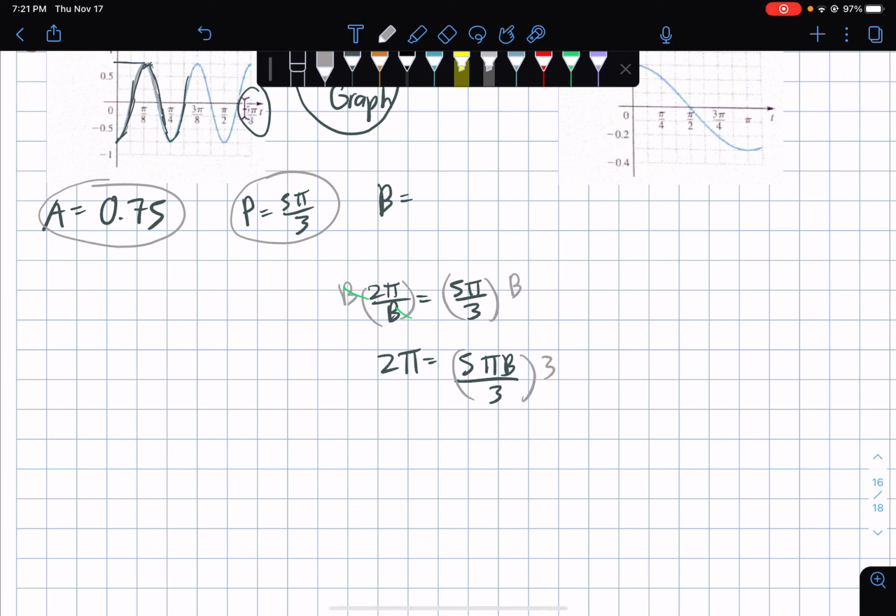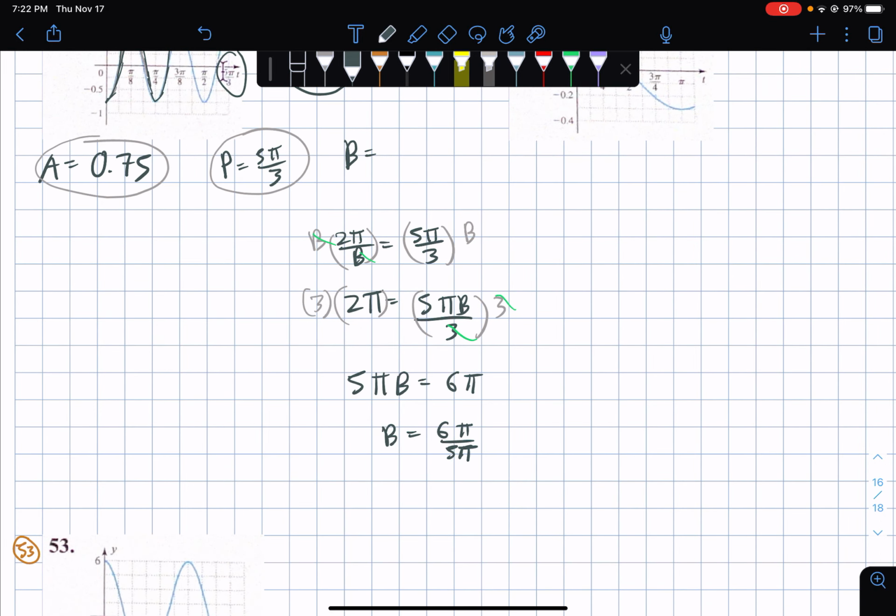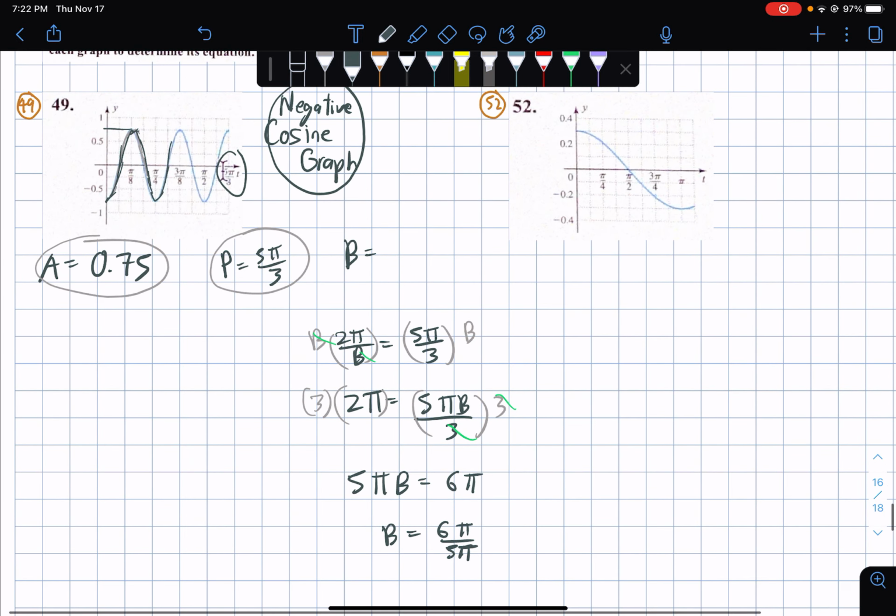And multiply both sides with... Okay. Something looks pretty suspicious.